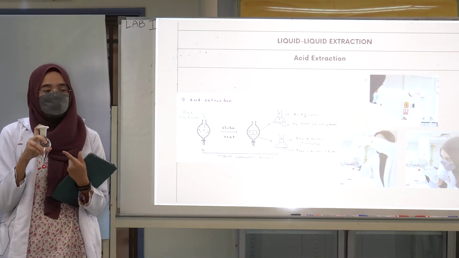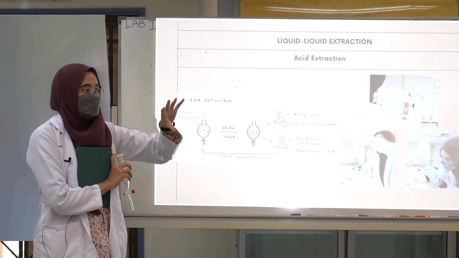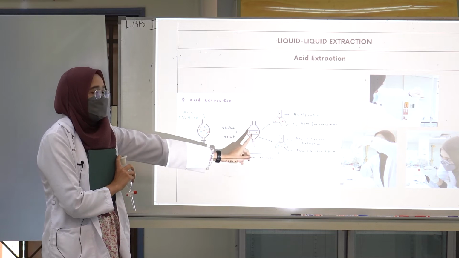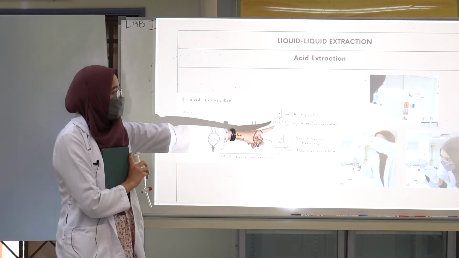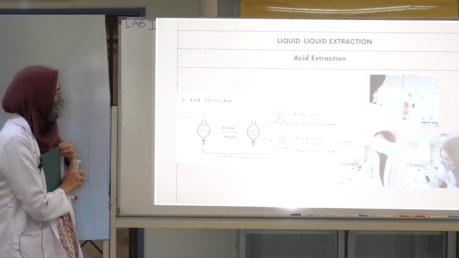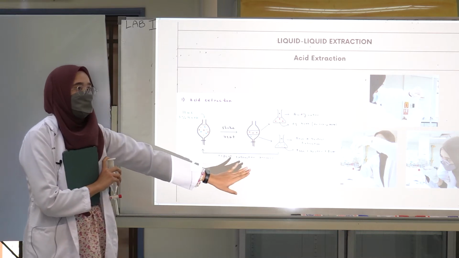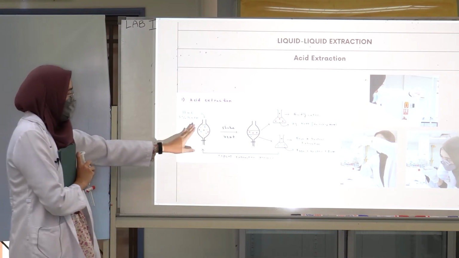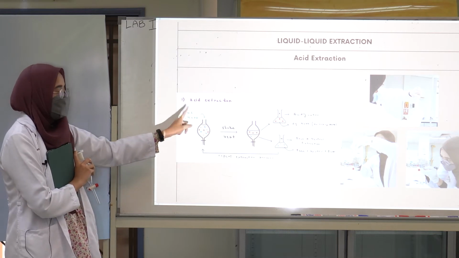When the layers form, note that at the bottom layer you have your base, neutral, and DCM, while in the upper layer you have your acid in aqueous base form, the sodium salt of the acid. Then we repeat the extraction process 2 times only, but you can do it 3 times or as many as you want, adding 5% NaOH with the same volume.